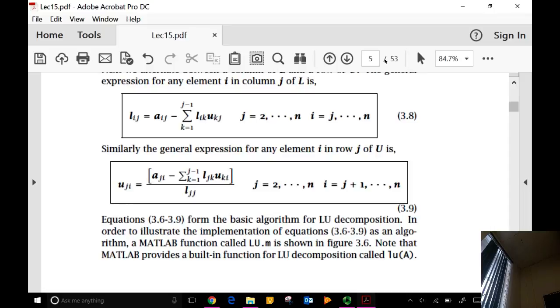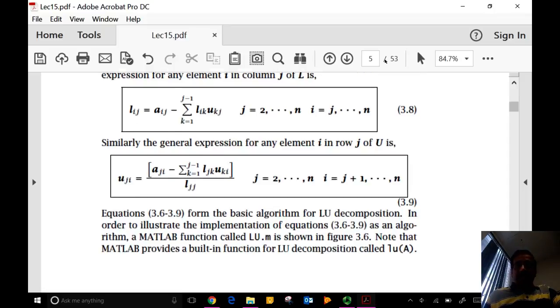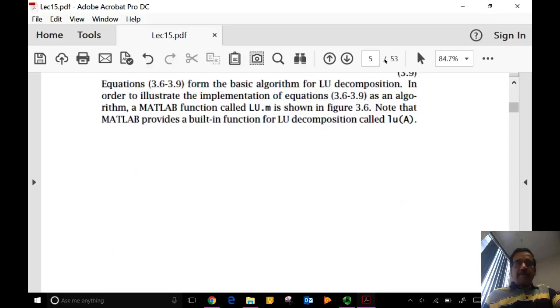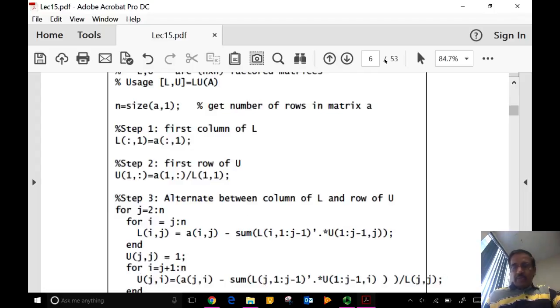The program has to be written in such a way that you do this, then you come and do this, and then you go back and do this for the next column, go back and do this for the next row, etc. If you alternate like that, you will get both the factors L and U in the least number of operations.